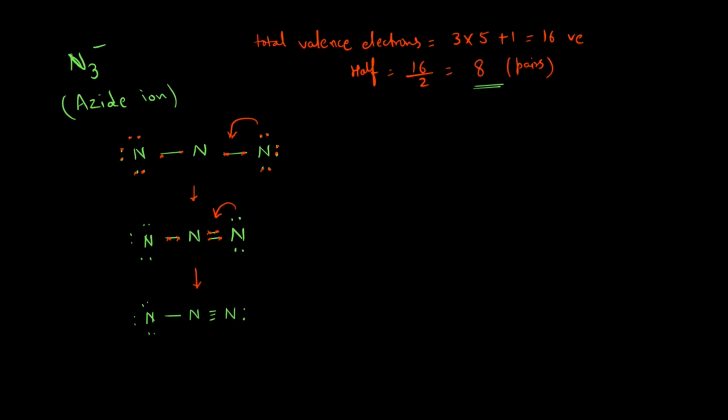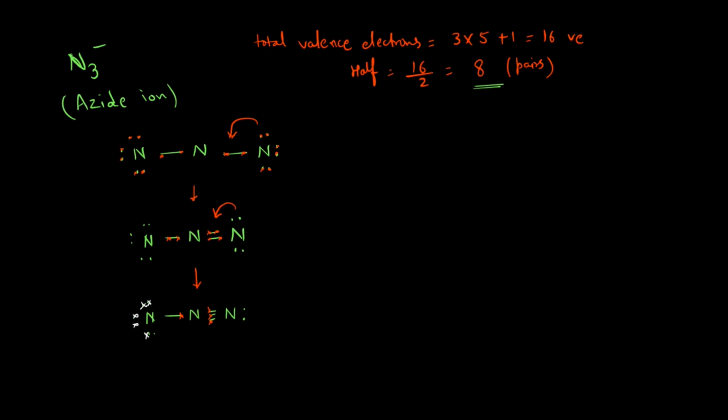The last thing is to trace the valence electrons of the central atom. Nitrogen has 5 valence electrons. Tracing: 1, 2, 3, 4. Where is the fifth one? It can be on this side, or on this side. To find out, let us first trace the valence electrons of the peripheral atom. Nitrogen has 5: 1, 2, 3, 4, 5.